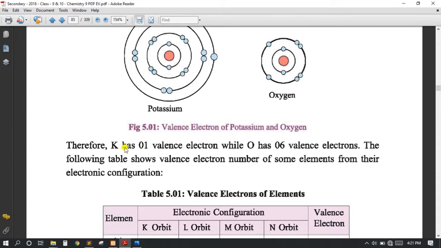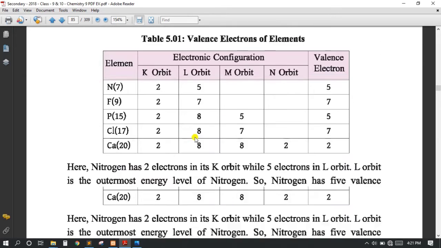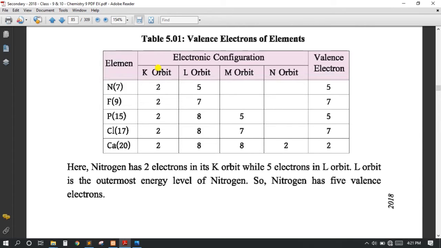So in case of potassium, its valence electron is 1, and in case of oxygen, it is 6. Here a table is given with some examples. For nitrogen, valence electron is 5. For fluorine, valence electron is 7. For calcium, valence electron is 2.